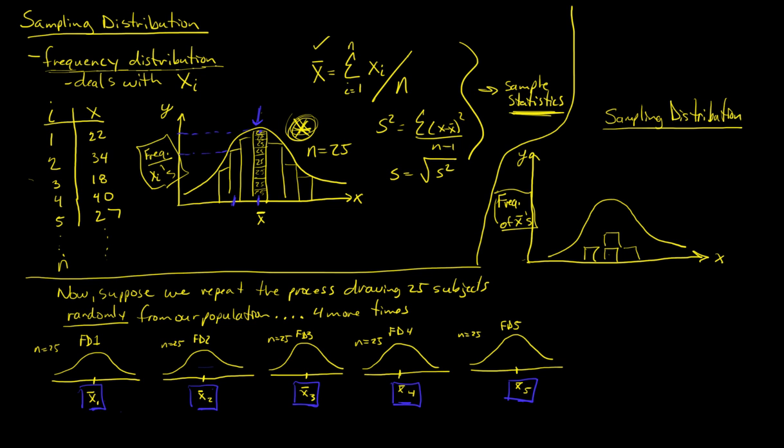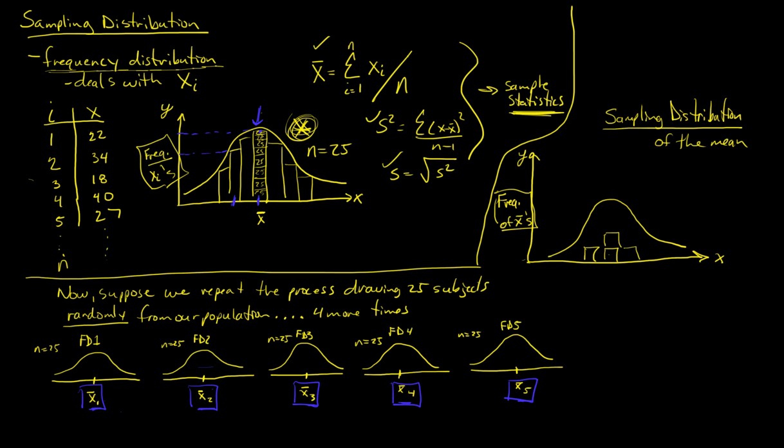You've got x bar, you've got s squared, you've got s. So you could take any of these and create a frequency distribution. You could plot the variances from frequency distribution 1 or frequency distribution 2, or you could plot the standard deviations of all of these 5. In this particular case, we're plotting the means of all these frequency distributions, and so we call this a sampling distribution of the mean.